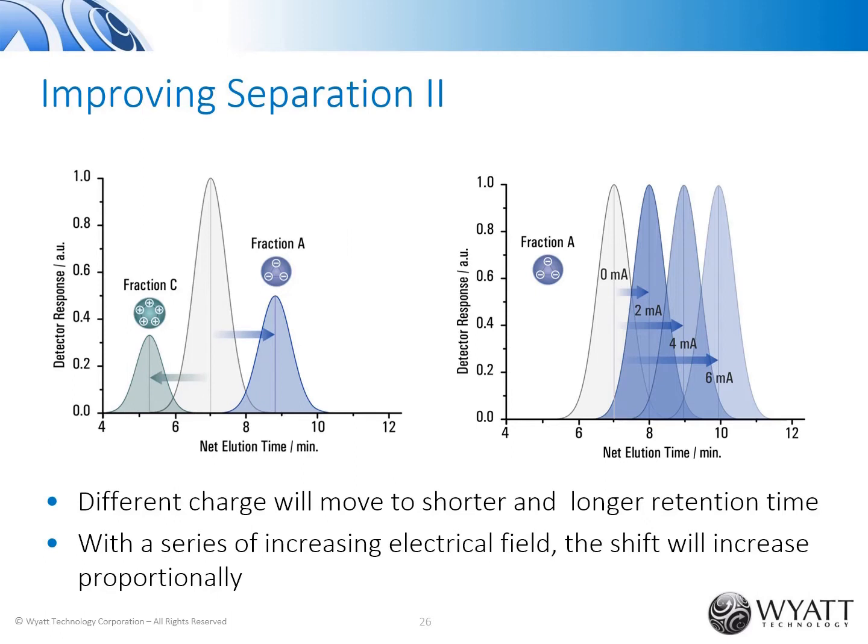If we have species with opposite charge, we will see one fraction moving to shorter retention time, and the opposite charge moves to longer retention time. If we apply a series of increasing electrical field strengths in several experiments, then the retention time will increase in proportion to the electrical field strength.